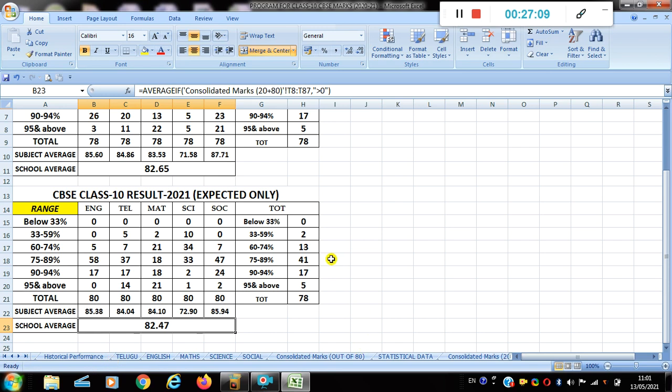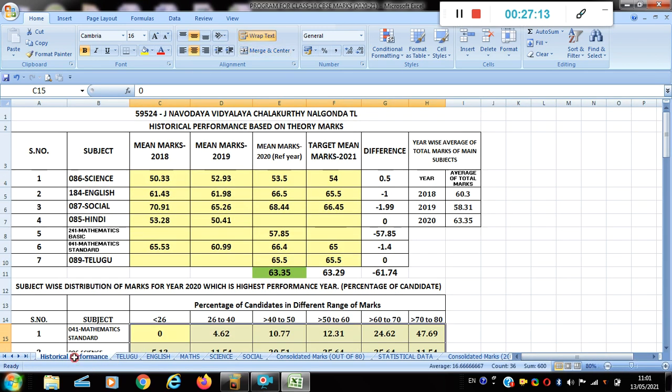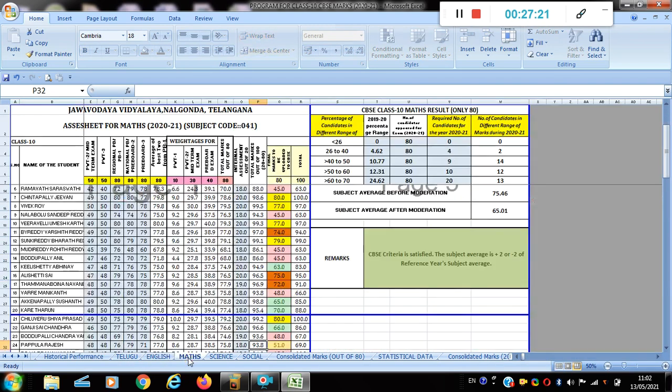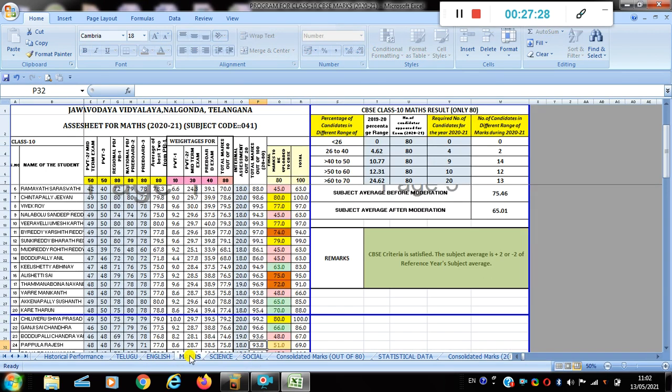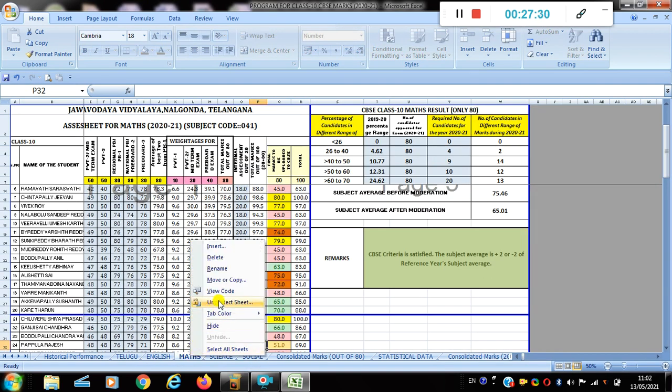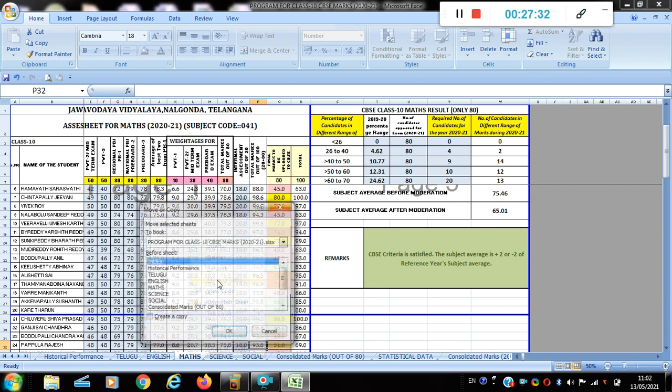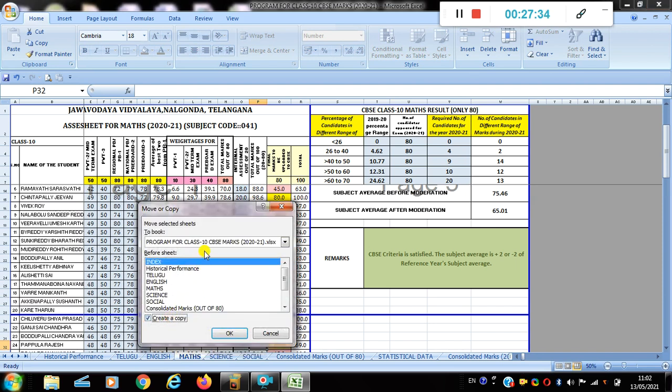Before concluding, one minute. In some schools they need to go for basic mathematics also. Here I did not provide a sheet for that one. What you can do is click on Mathematics, take a right click, Move or Copy, Create a copy.